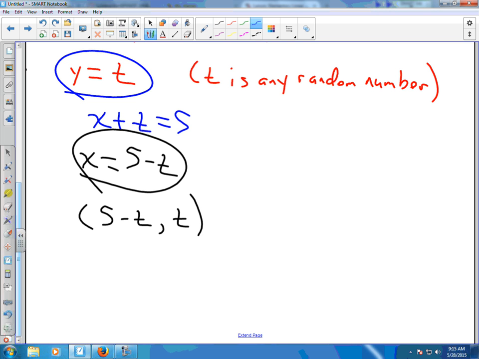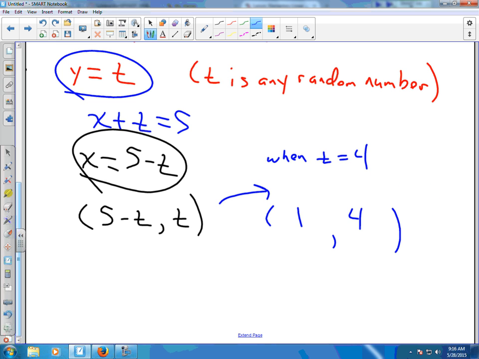If you wanted to look at an example of a solution, then pick a random number to be t. Let's suppose we let t be 4. So when t is 4, x is 5 minus 4, y is 4. So that's an example of an ordered pair that works.